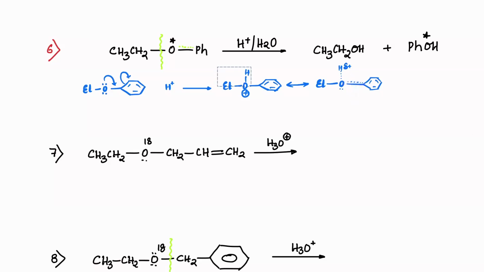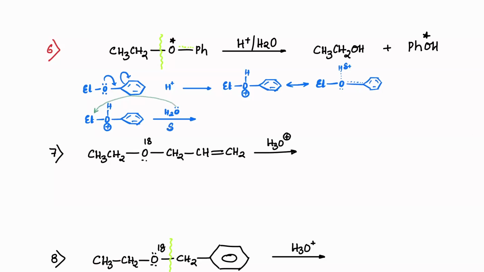So once you get this positioning here, you would never attack on the phenyl group. You will always attack on the ethyl group. Now you would notice that ethyl cannot be broken into a stable carbocation.